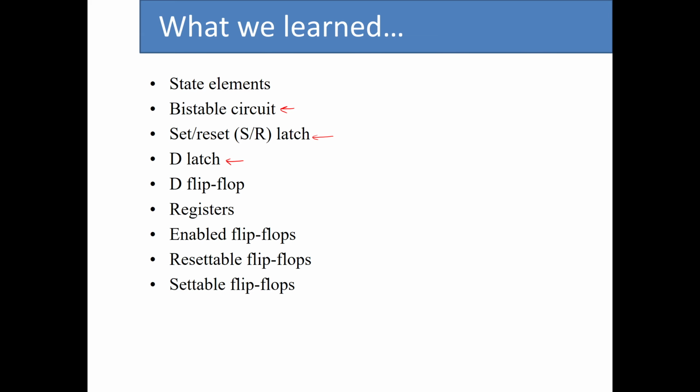That distinction was very important, something that the SR latch could not satisfy. But we said even with all its nice properties, the D latch has a shortcoming too, and that was that as long as the clock signal is 1, the output can change based on the value of the input.